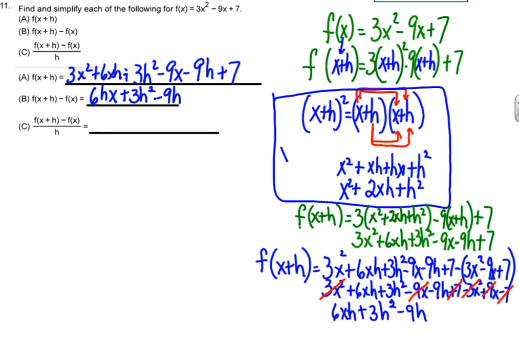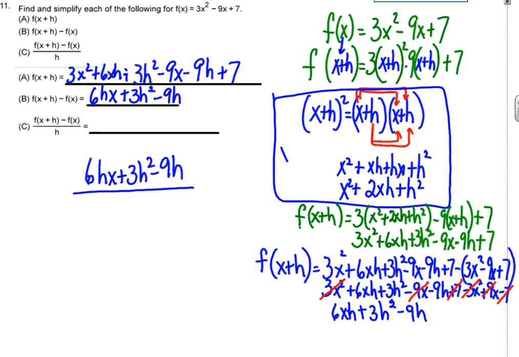Let's rewrite what we have here. 6hx plus 3h squared minus 9h. We know that's the numerator, and our denominator is h.